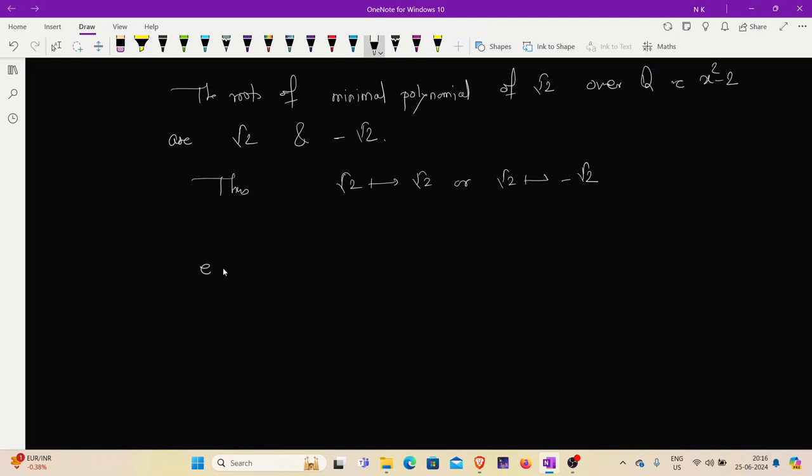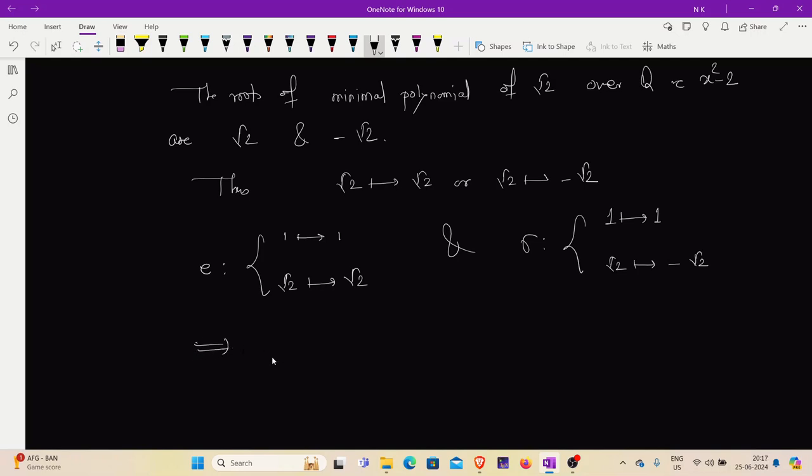We can write the identity automorphism. In that case, the basis element 1 maps to 1 and the attached element root 2 of Q(root 2) maps to root 2 itself. So this is the identity automorphism. And another automorphism, say sigma, can be expressed like this, where 1 maps to 1, because each of these automorphisms must fix Q, right? Automorphisms of Q(root 2) over Q, so Q must be fixed. That's why 1 must map to 1, and the attached element root 2 maps to minus root 2.